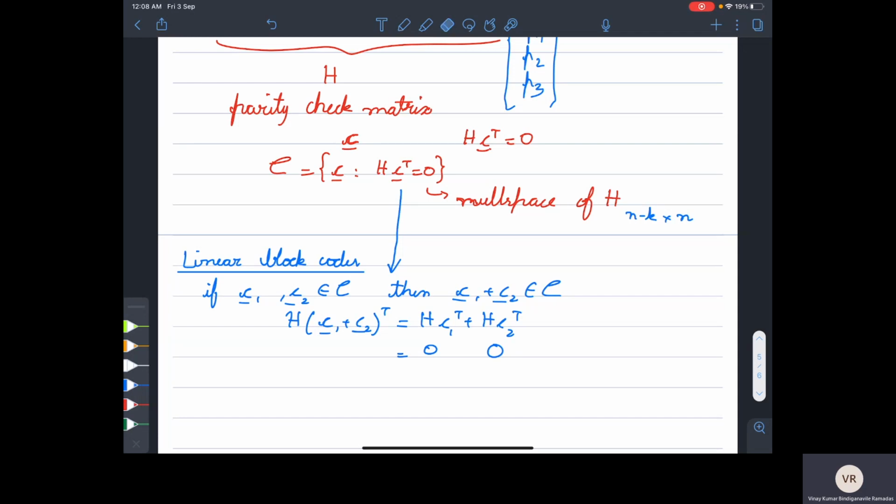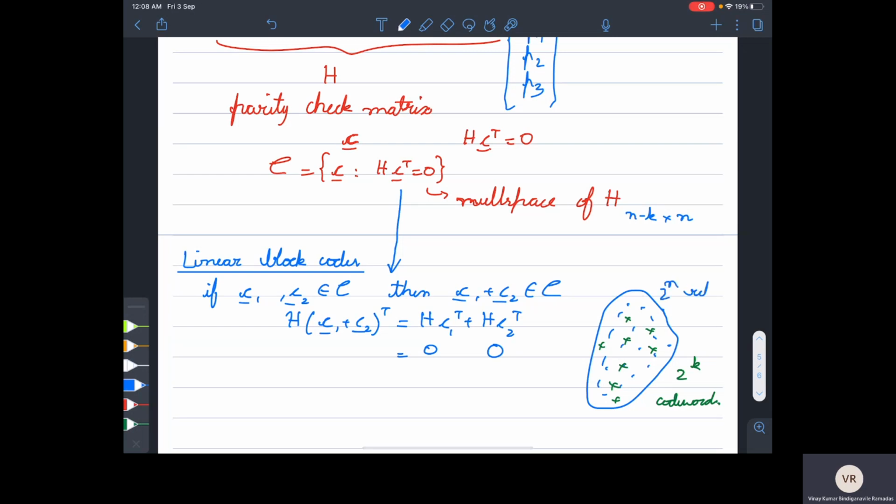So in our earlier codebook space, you have 2 power k code words out of 2 power n total number of vectors, right?